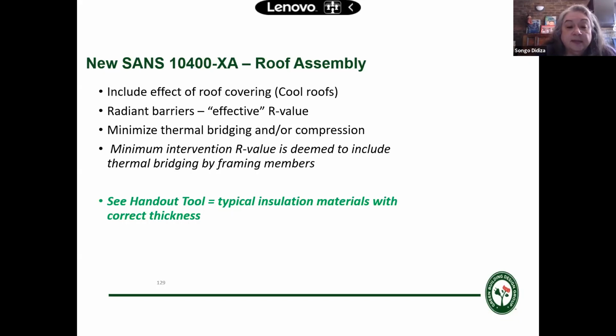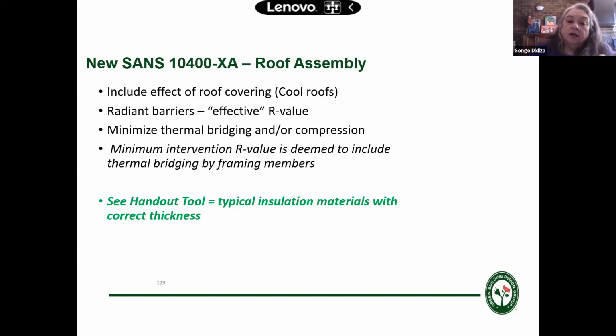And I've said the minimum R value is deemed to include the thermal bridging by the framing members. So often we get people that say, oh, you measure the R value or thermal conductivity of a material in a lab. Now, Kieran, you were saying you put isotherm into your ceiling, you put it between your beams, your framing members.